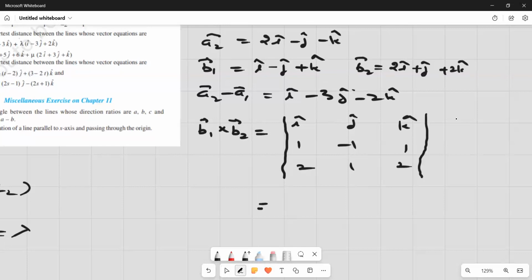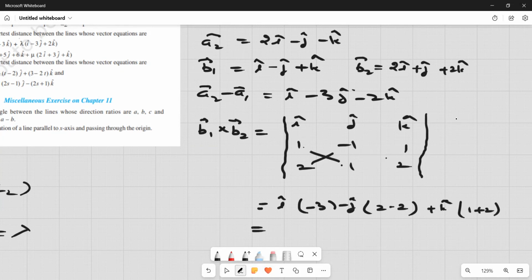By the determinant method, i into minus 2 minus 1, minus 3, minus j into 2 minus 2, plus k into 1 plus 2.